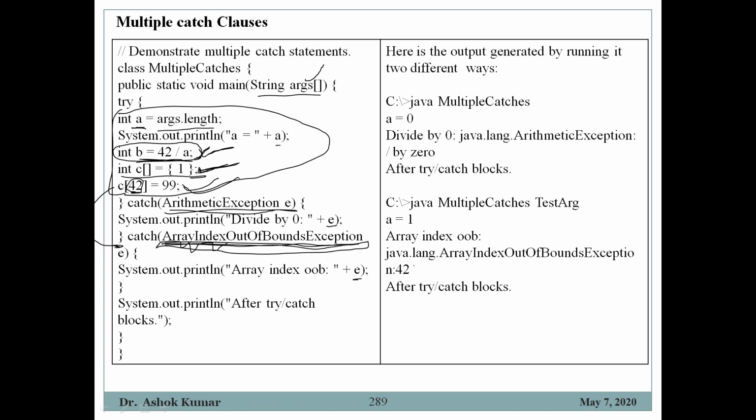And this is what you get in the first case. After these two catch statements there is another println statement that will always get executed. So in both the cases you are getting the result over here after the try catch block.